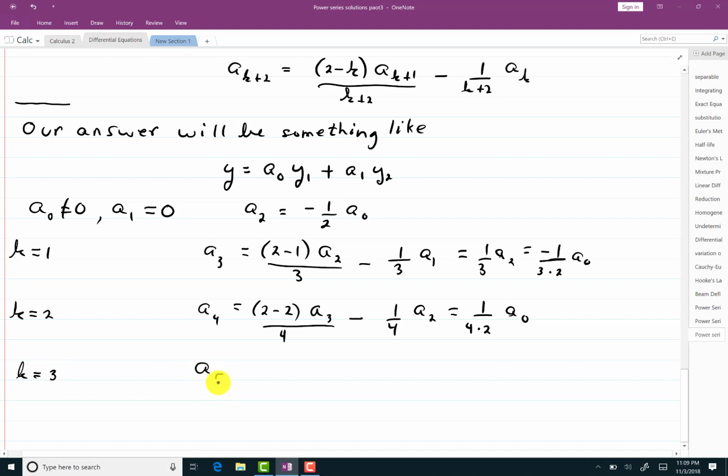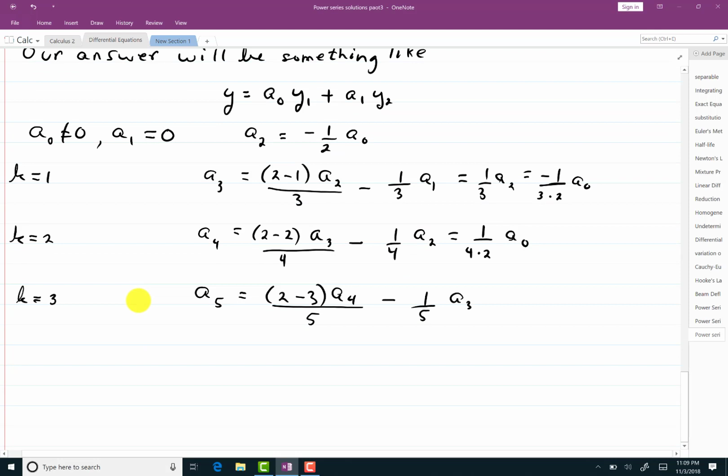K equals 3, I have a sub 5 will equal 2 minus 3 times a sub 4 all over 5 minus 1 over 5 a sub 3. So I'll have negative 1/5 a sub 4 minus 1/5 a sub 3.